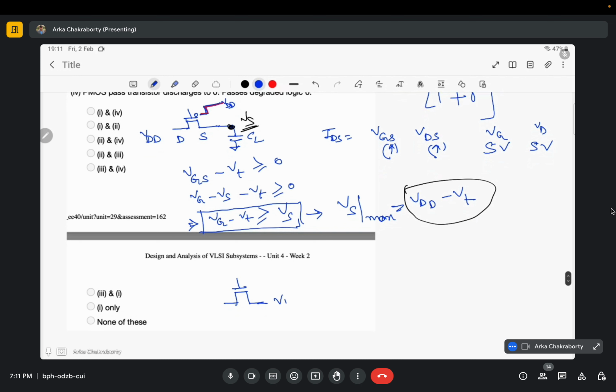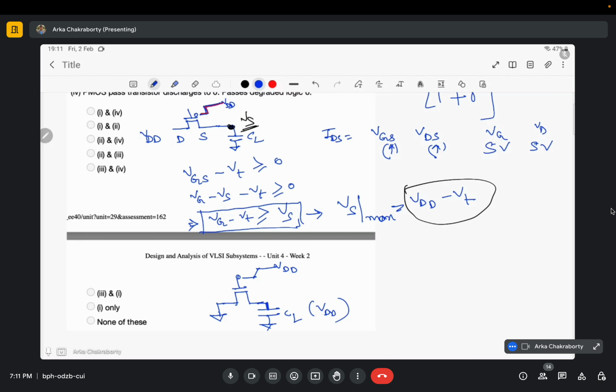Here VDD is connected. I am again giving such a pulse at the gate, and it is connected to ground. Let me consider that a capacitor CL is present here, which was initially charged to VDD.